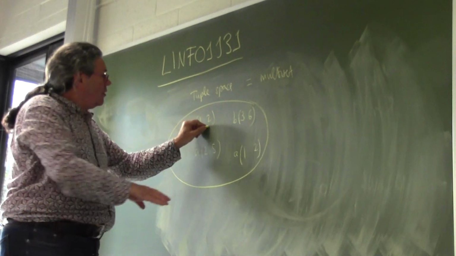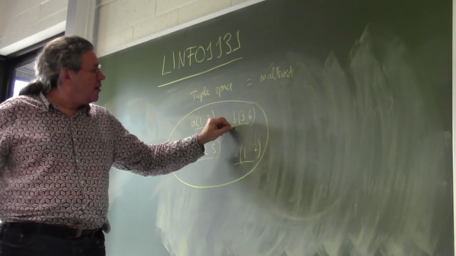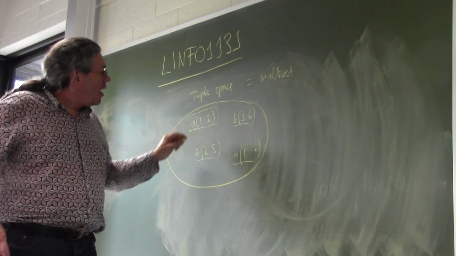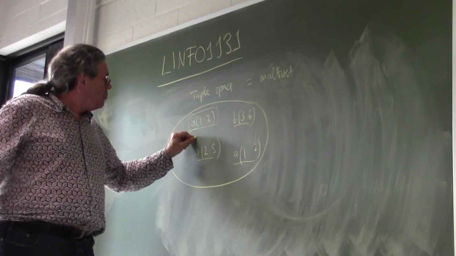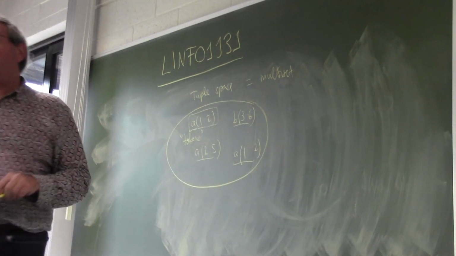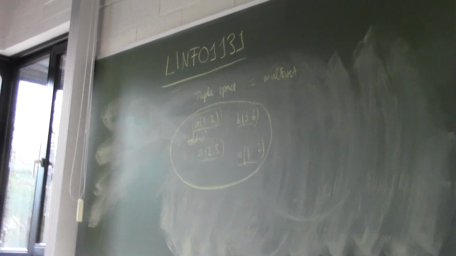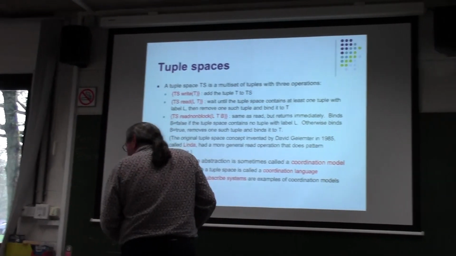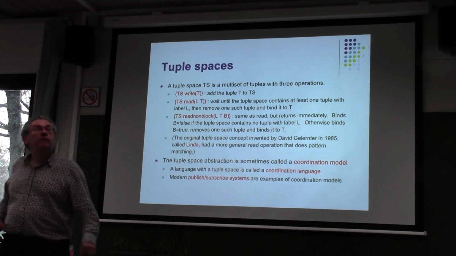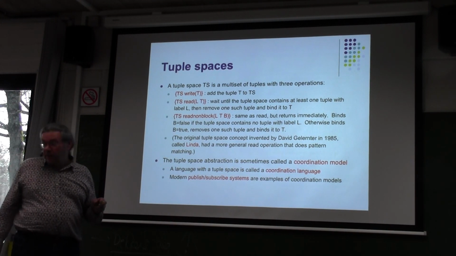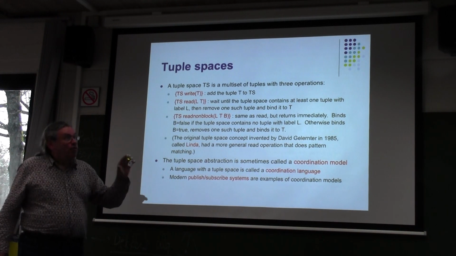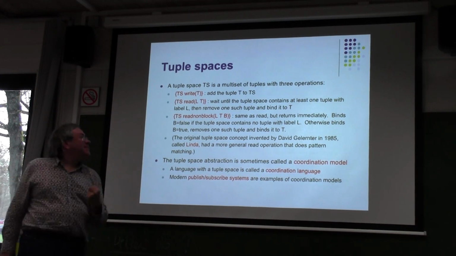So you can have a bunch of tuples in there, and these tuples are actually like tokens. Once you put a tuple in there, it's a thing that goes in the tuple space. So they really behave like tokens. So what I showed you before with token passing, in tuple space, you actually have the tokens in your hand, in a sense.